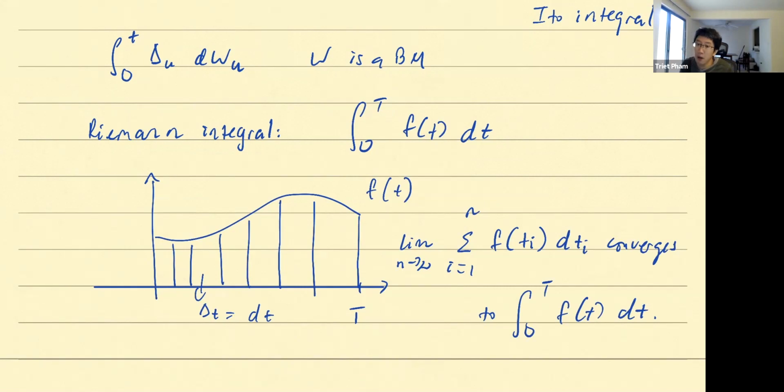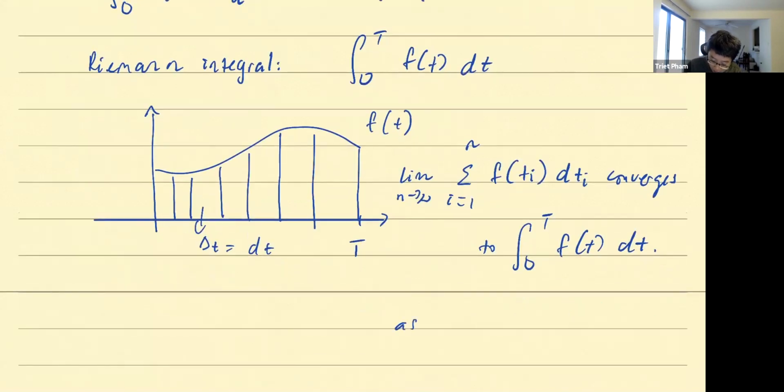Okay. Emphasis on the word converge. As long as this guy is continuous, or actually, it can be discontinuous at finitely many points, whatever. But the point is that as long as this graph is nice, you're okay.